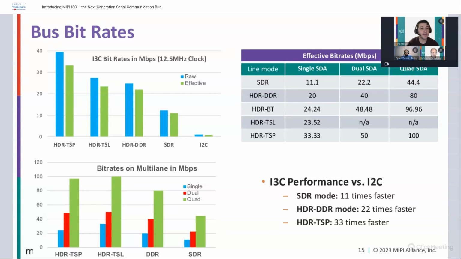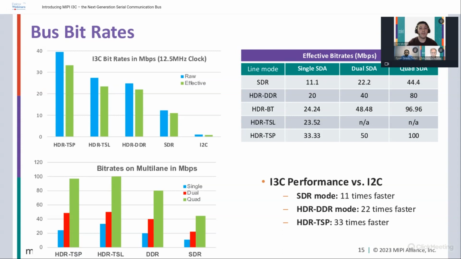In this top left graph, you can see I2C all on the right with the raw and effective bit rates very low, whereas as you look on the left side with our HDR and even the SDR, the standard data rate modes for I3C, we can get a much higher bit rate, and on the bottom you can see, implementing the multi-lane, we can even increase that to higher levels, upwards of nearly 100 megabytes per second, which would be, as you can see, with the quad lane TSL.